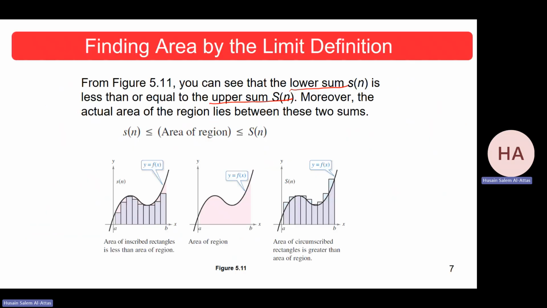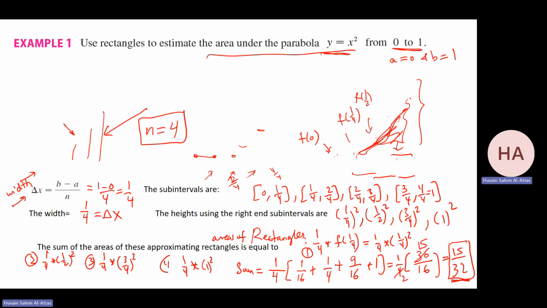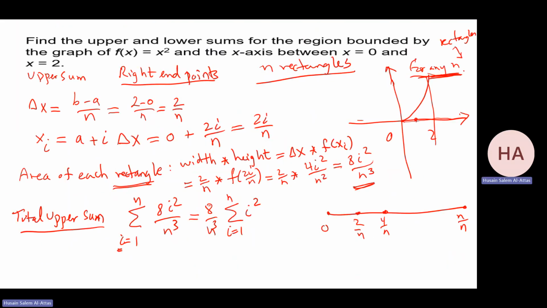You remember I told you we need to memorize these formulas. Now I need this formula in this case. That will be n times n plus 1 times 2n plus 1 over 6. And that gives me 8 over n cubed times n times n plus 1 times 2n plus 1 over 6.